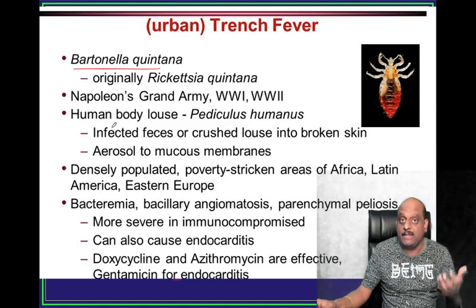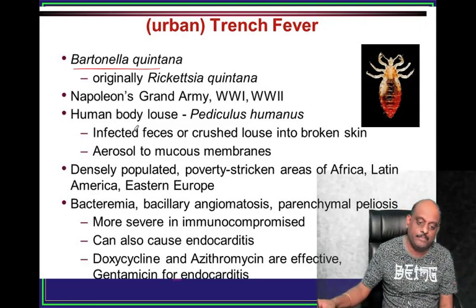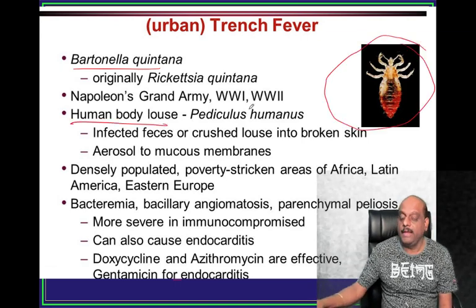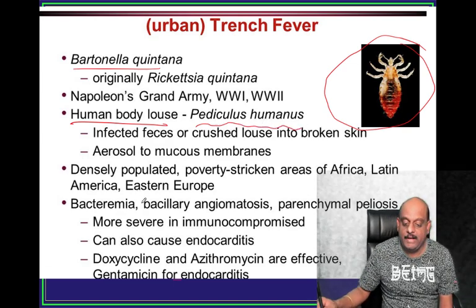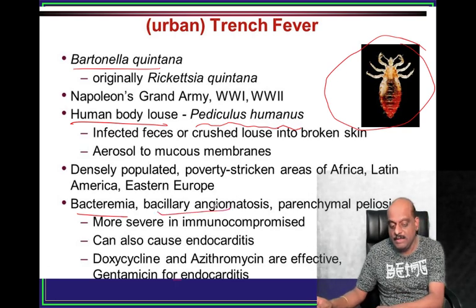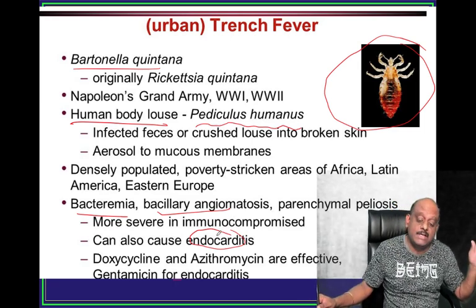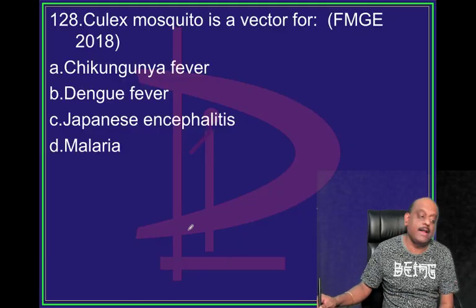Because it used to affect the soldiers who were in the trenches in World War I and II. Human body louse is Pediculus humanus, and it can lead to bacteremia, bacillary angiomatosis, and even endocarditis. How do you treat? Doxycycline, azithromycin are effective.